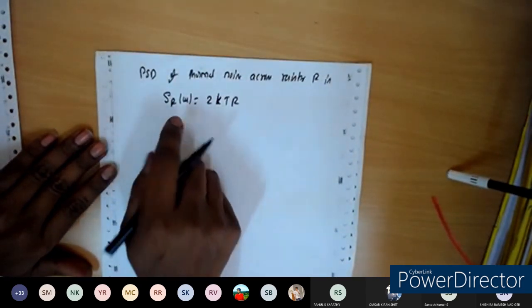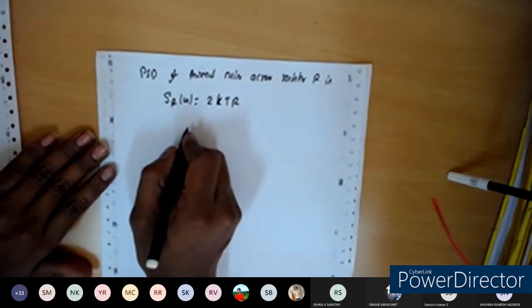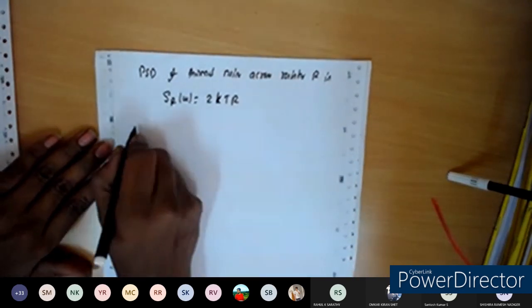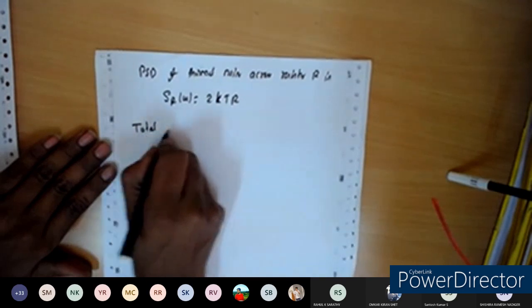Next, let us find the total noise power in terms of the autocorrelation function.